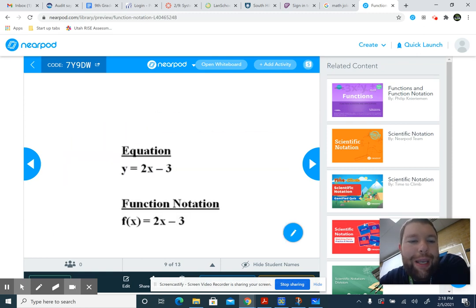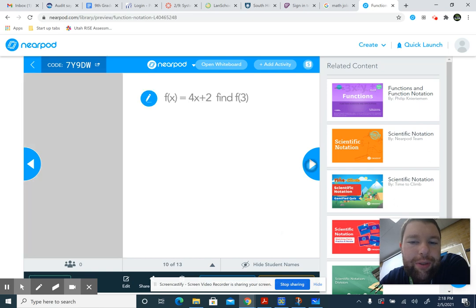Okay, so basically when you're looking at this in equation form, y equals 2x minus 3, again, x is usually your input with equations. The function notation, you're just replacing the y basically with f of x. It serves the same purpose. It's your output. Basically, f of x is representing your output.